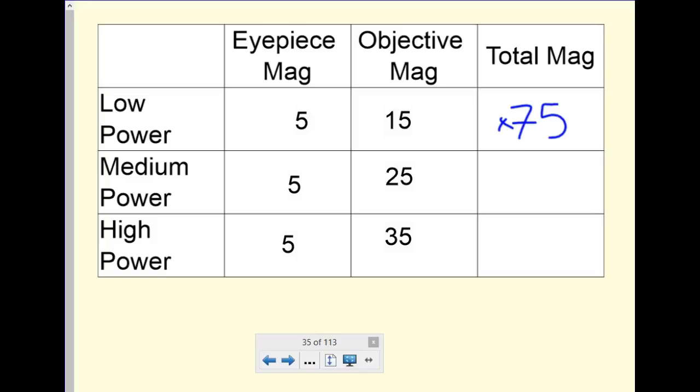So 75 times magnification. What about if I switched up the medium power and instead of having a 10 times objective lens, I more than double that magnification, and now I have a 25 times objective lens. What do I get? 125. Yes.